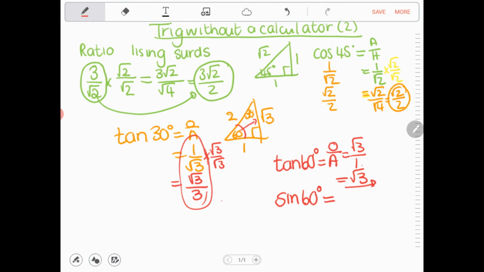Sine of 60 is opposite over hypotenuse, opposite root 3, hypotenuse 2. Do I need to rationalize that? No, I don't, because it's got a normal integer at the bottom. It's not a surd. So we only rationalize fractions that have surds in the denominator. And to do that, we multiply by the surd over the surd, which is 1, and then we multiply top and bottom, and we rationalize.